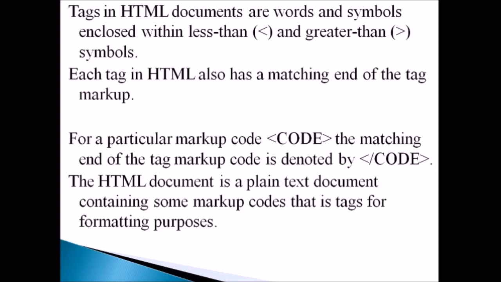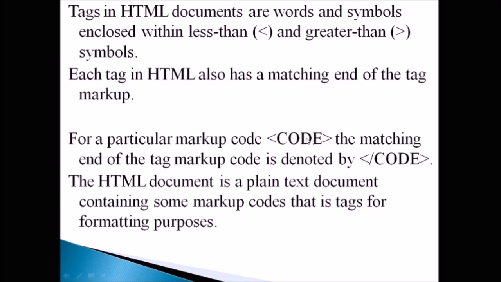Each tag in HTML also has a matching end of the tag markup. If we use any one tag, that should have its own matching tag. For example, if a markup code is having the tag code like this, less than symbol, CODE, greater than symbol.